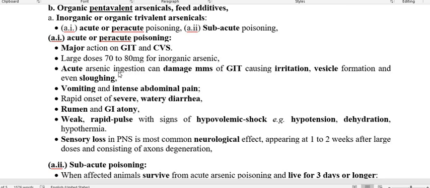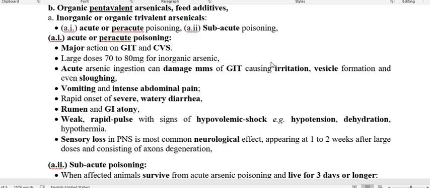So when the arsenic reaches the gastrointestinal tract, because it is irritant in nature, it inflames the GI tract, and because of the inflammation as well as the capillary dilatation and fragility, it produces vesicles and sloughing, and petechial hemorrhage in the GI tract.